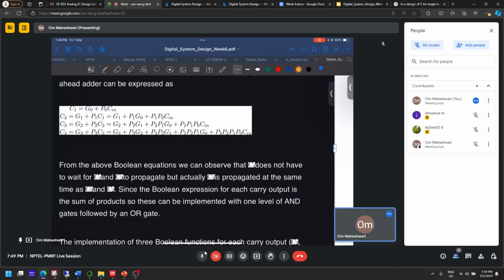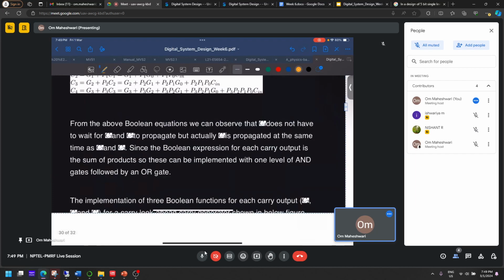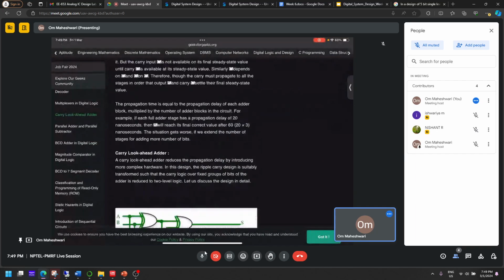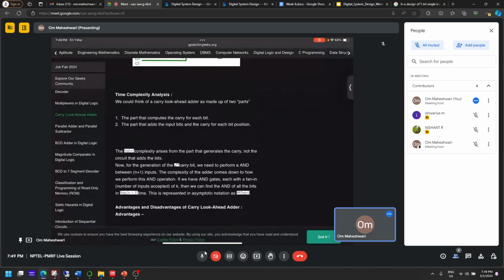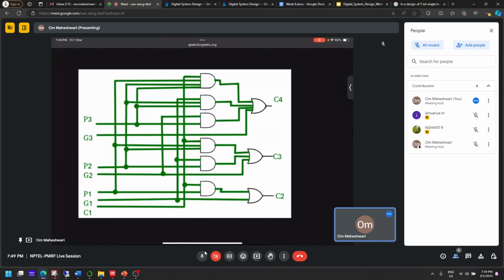So if we see the gate, so this is the diagram.